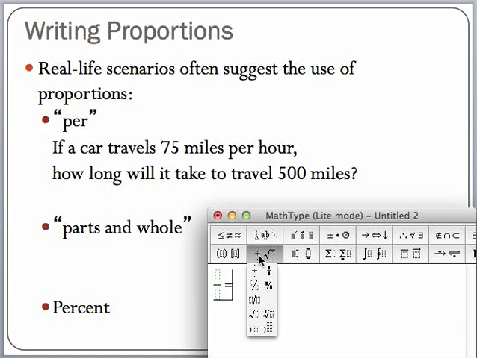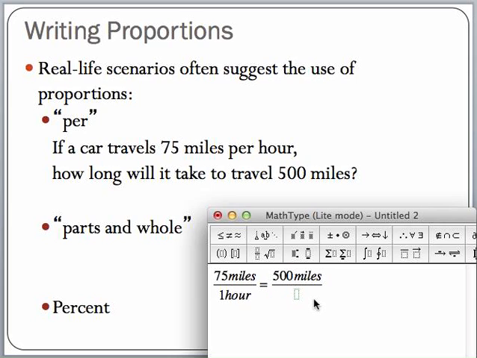In the first one, I'm going to use the 75 miles per hour, and I'll write that as a fraction, 75 miles per 1 hour. That 1 I had to add into that problem. But on the other side of this equation, I'm going to put the 500 miles, which is what we know, and the thing that we don't know is how many hours that takes. So we can write x hours.